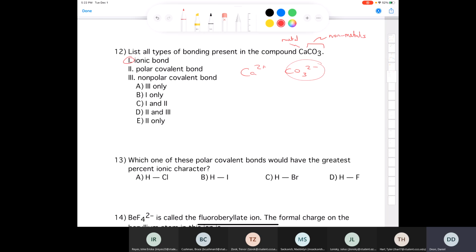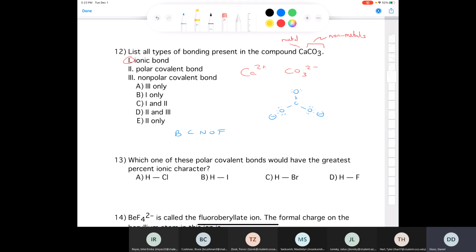But if we examine the carbonate ion, which is comprised completely of nonmetals, and we draw its Lewis structure, it looks something like this. Well, since the carbonate ion is made completely of nonmetals, it's got covalent bonding. Well, is it polar or is it nonpolar? There's a difference in electronegativity between carbon and oxygen, isn't there? If you look at the periodic table, boron, carbon, nitrogen, oxygen, fluorine, right? This is the second period.